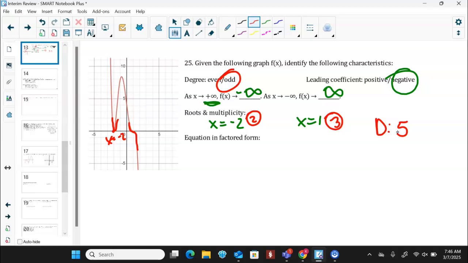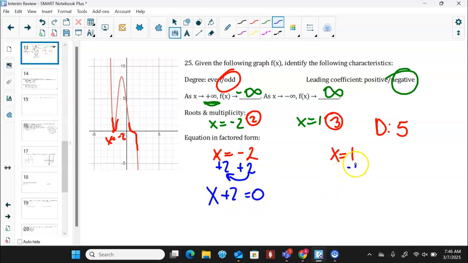Now, the equation in factor form. My x-intercepts are x equals -2 and x equals 1. To get it into factor form, I do the opposite and move the 2 to the other side by adding it. So this is x plus 2 equals 0. Here I subtract the 1 to the other side, so x minus 1 equals 0.